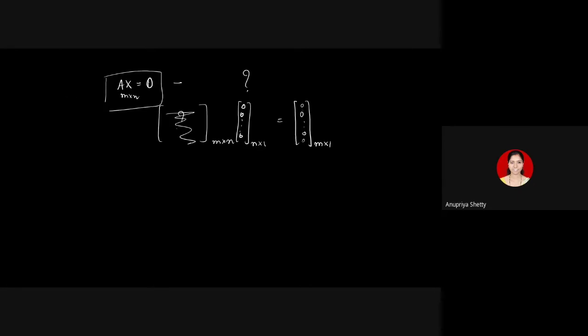So we know that the homogeneous system Ax equal to 0 always has one solution for sure, which is the zero column, unlike the previous case, where if any arbitrary column B is given to you on the RHS, when you come to that row reduced form after computing A dash B dash, if B dash has a pivot in it, then the given system will not have a solution. But the case of no solution will not arise when B is taken to be the zero column.